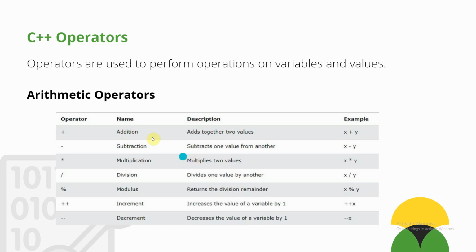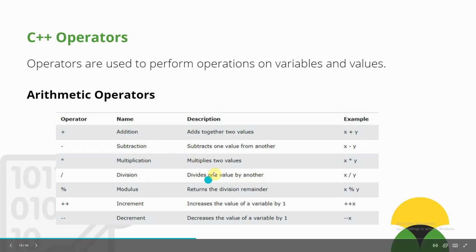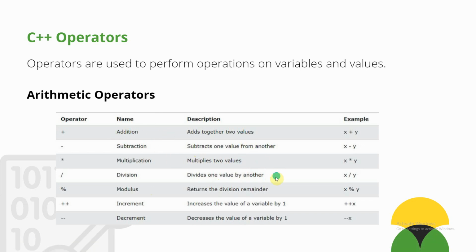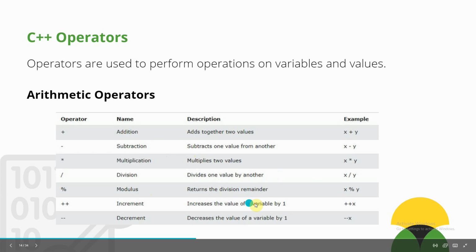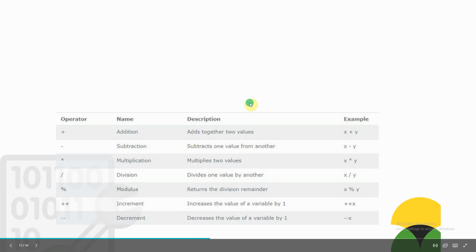Again, for the basic operations: addition, subtraction, multiplication, division, modulus, increment, and decrement. As the name implies, their descriptions are the same as what we actually use in math. And modulus is the division remainder, with this symbol, and then increment is increase, and decrement is decrease by one in the variable's value.